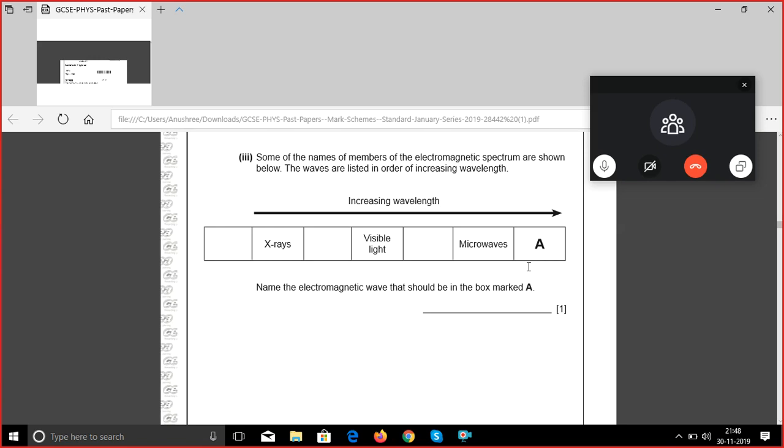So from increasing wavelengths, we've got X-rays, visible light, and microwaves.